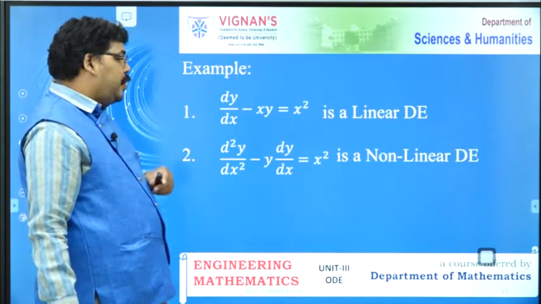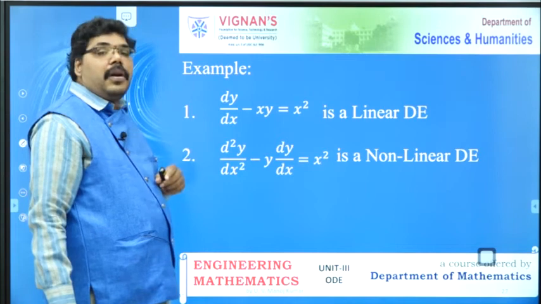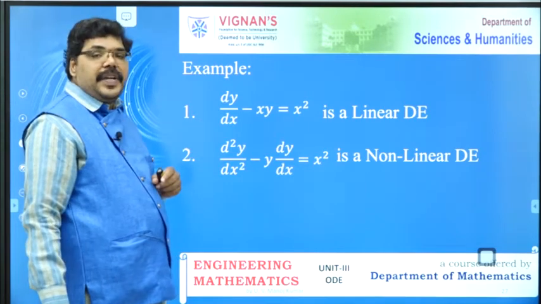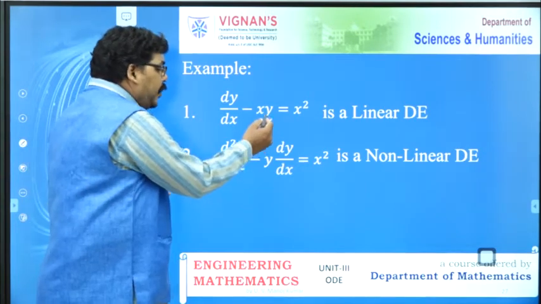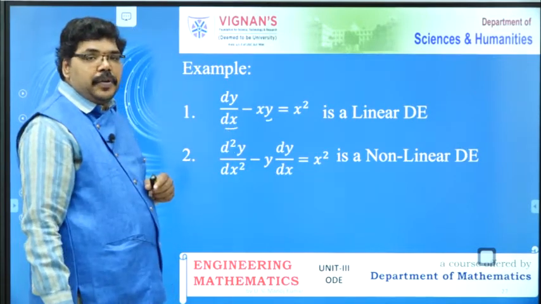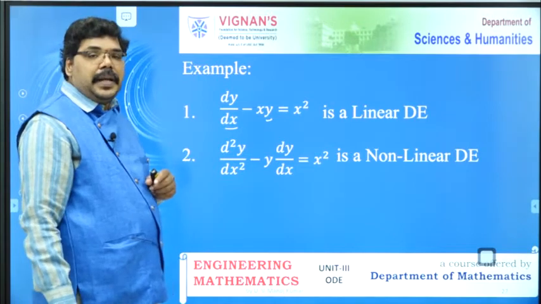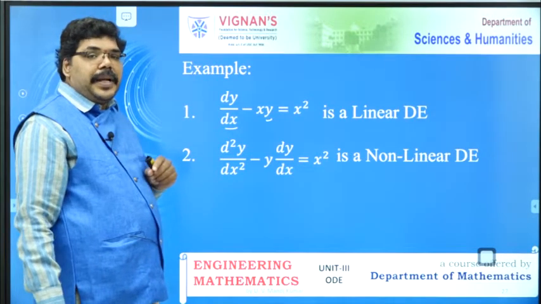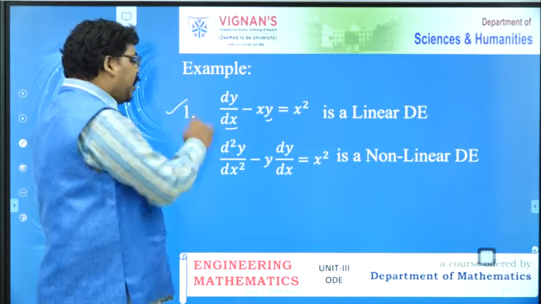See these two examples. Are they linear or not? In the first equation, y is the dependent variable, dy by dx is the derivative of the dependent variable. Both of them have degree 1 and they are not multiplied together. So this is a linear differential equation.